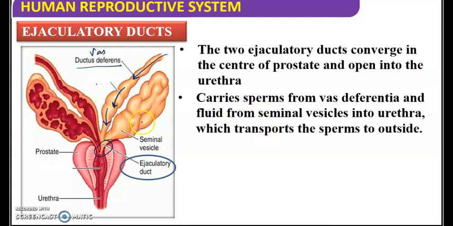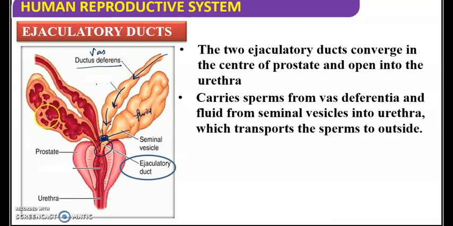Then from the seminal vesicles, there will be fluid, right? So the sperms will mix with the fluid here, and then they are transported into the urethra. Understood? So the sperms are coming from the vas deferens, the fluid is coming from the seminal vesicles, and the sperms get mixed with this fluid.